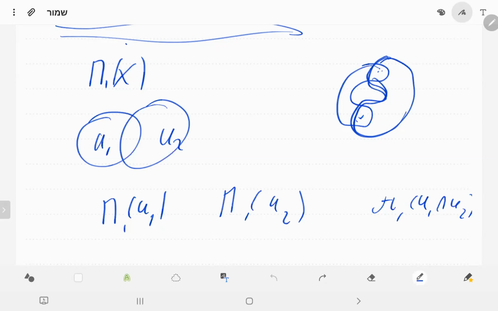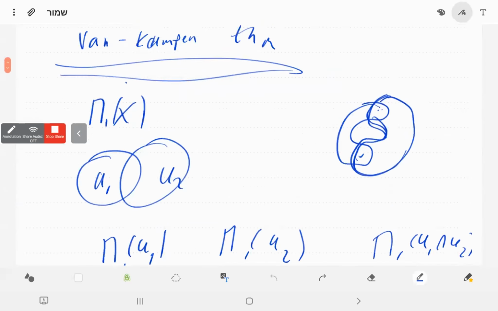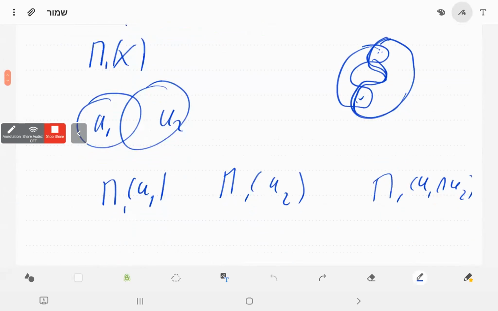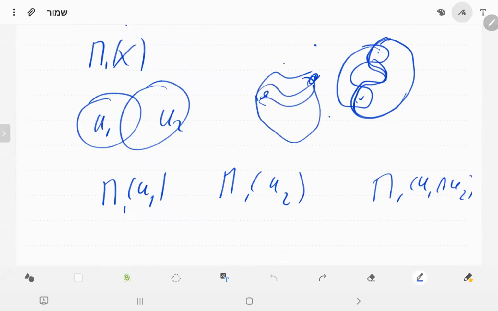Do you remember what the fundamental groupoid of a topological space is? Paths modulo homotopy. But now I do not consider only closed paths, so I consider actual groupoids. My objects will be points in the topological space, so many objects, and a morphism between two objects will be the collection of all paths up to homotopy.